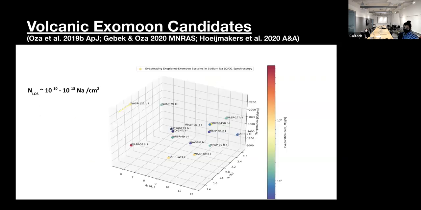And yes, for the exomoons, I made this neat little plot last night. Sorry if it's a little clunky, but the semi-major axis in solar radii is here. The semi-major axis in Jovian radii for the moon is on this XY Cartesian grid. And then the temperature is on the z-axis with the evaporation rate provided here.